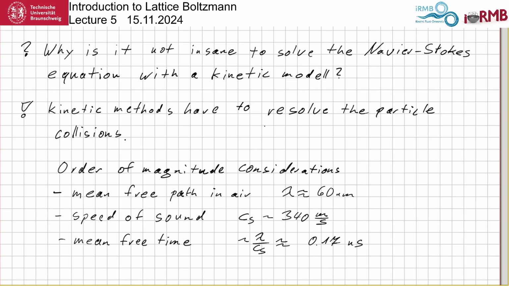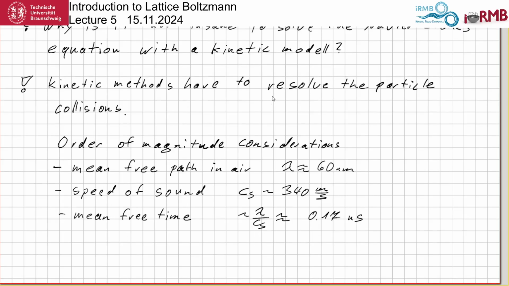This is the time that molecules have before they collide again, the time in between the collisions. If this is the time in between collisions, then the time of a collision is of course shorter. The collision time is much shorter than the mean free time.